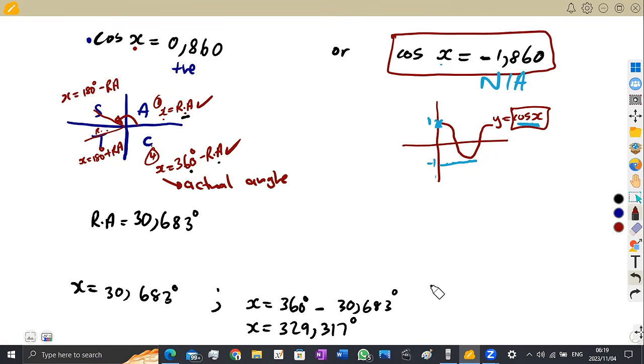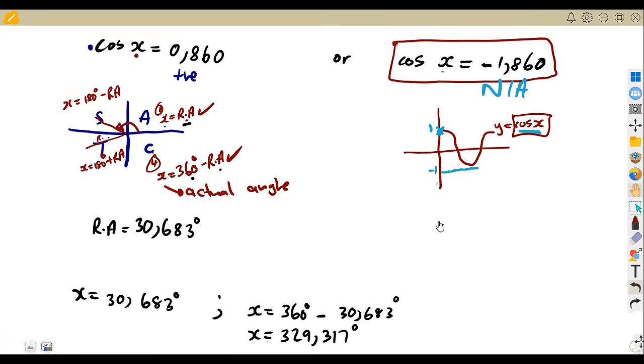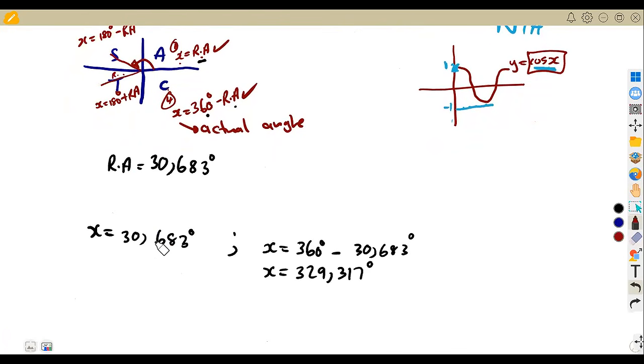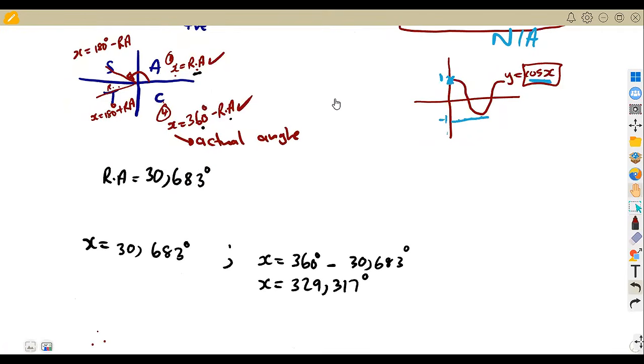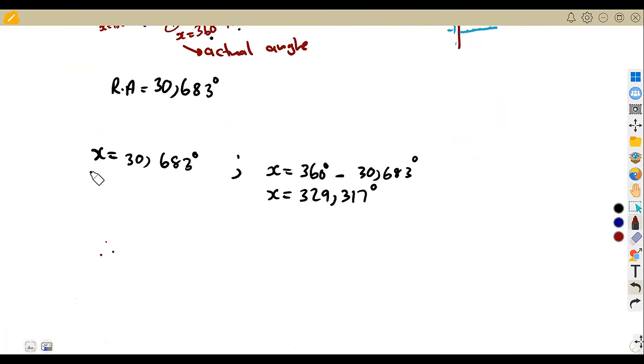So that means the only answers that we are going to have at the end are these two that we obtained from cos x being equal to 0.860, which we took from the first quadrant and the fourth quadrant. So therefore, x is going to be equal to 30.683 degrees, or x will be equal to 329.317 degrees.